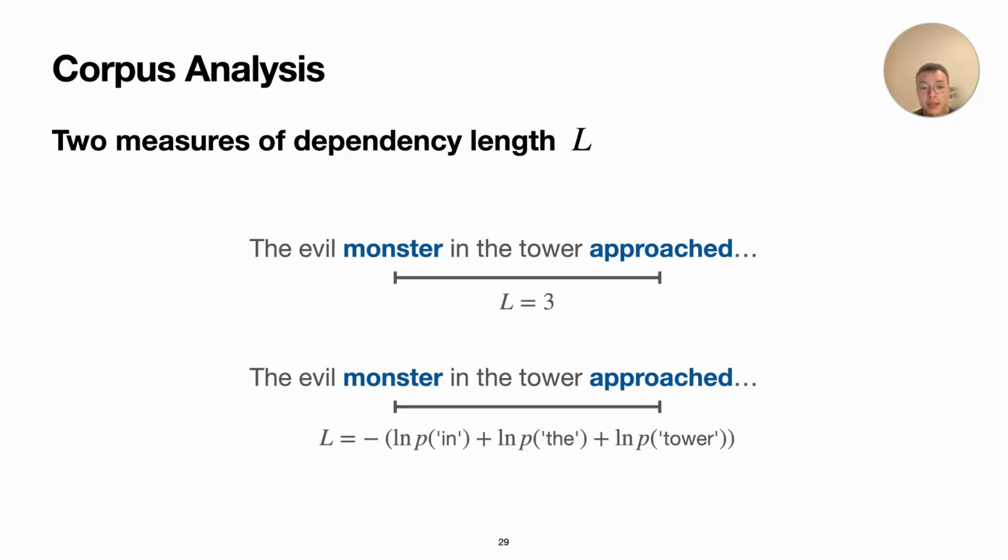For instance, the definite article here in this example sentence might elicit relatively small interference, since it is not very informative compared to a content word like tower. However, the first measure with word counts treats all the words in the same way. And we hope the second information theoretic measure of dependency length can capture this variability.